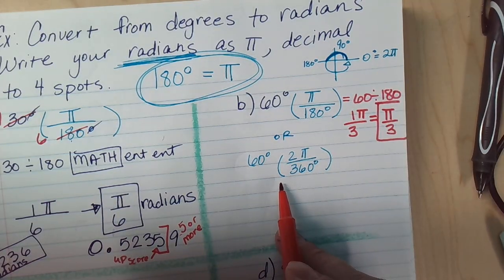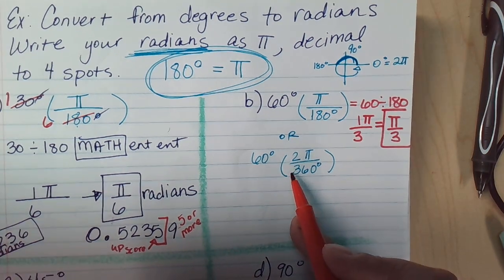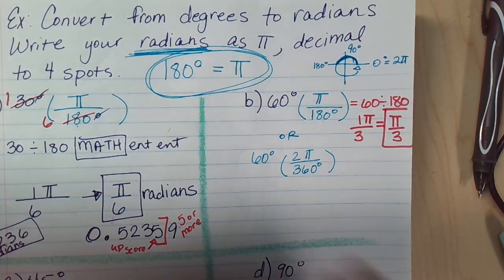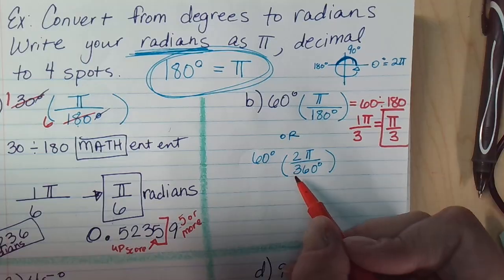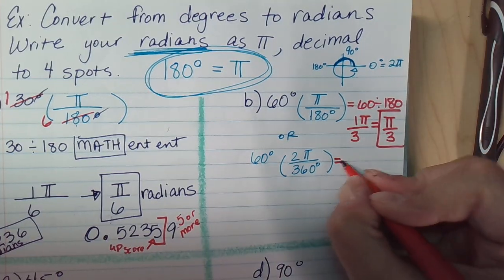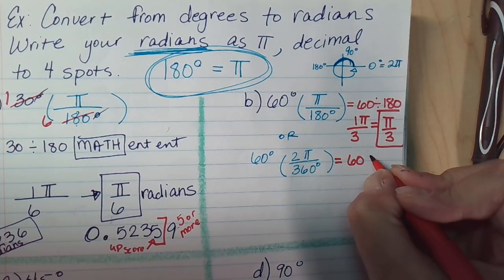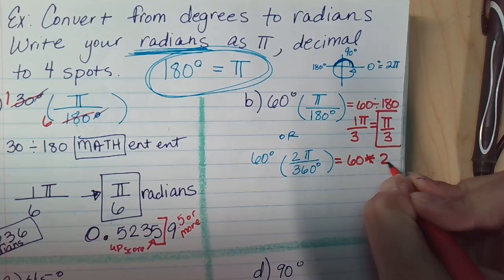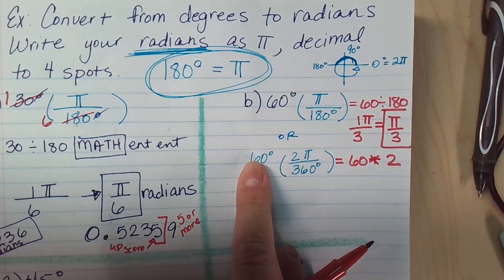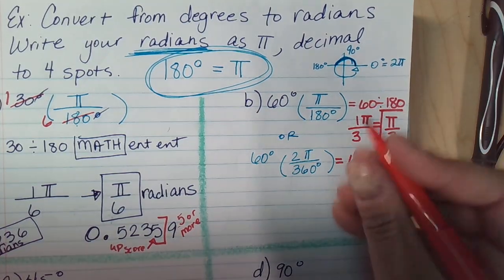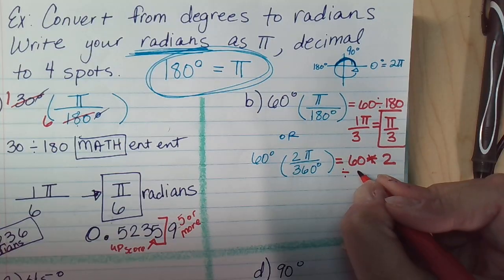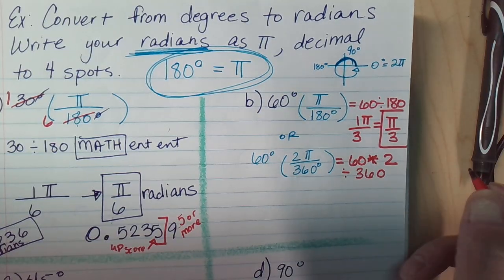Okay, if you multiplied by a conversion of 2 pi over 360, that's what came to my mind at the very beginning. Then in your calculator, you would do 60 times 2 first. You have to do 60 times the number on the top first, then straight up after that, divide by 360.